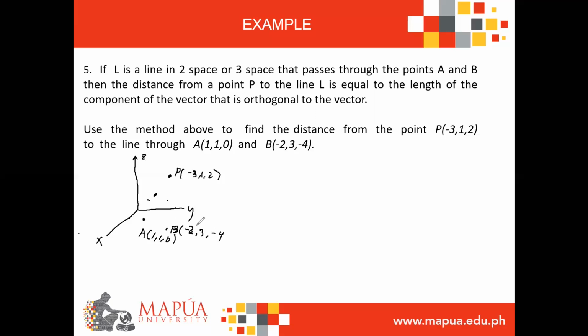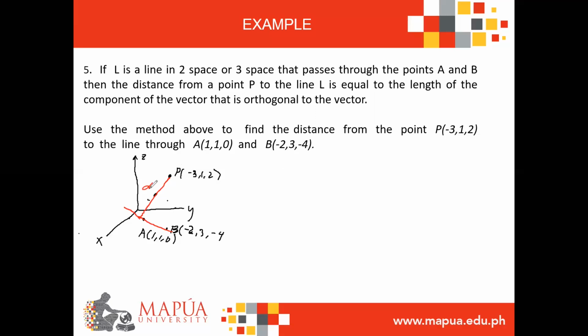So let's have these points now drawn. So this is your line AB. Then this is your line P. And we're going to find the distance now from the point P to the line through AB.